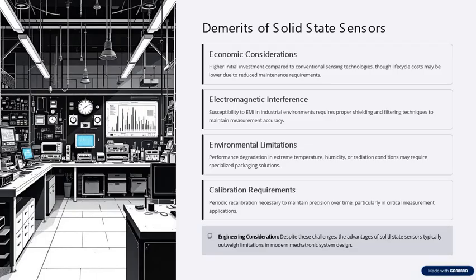Environmental limitation: we cannot use them in all places, mainly depending upon extreme temperature, humidity, and radiation conditions, which may require protective solutions. And then the calibration requirement: periodic calibration is required for solid state sensors.